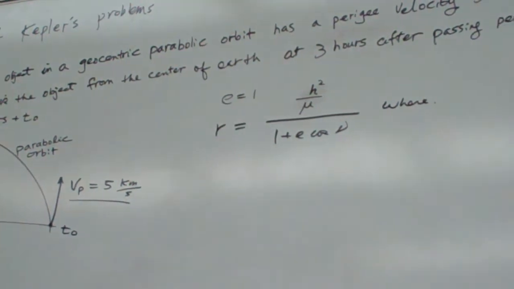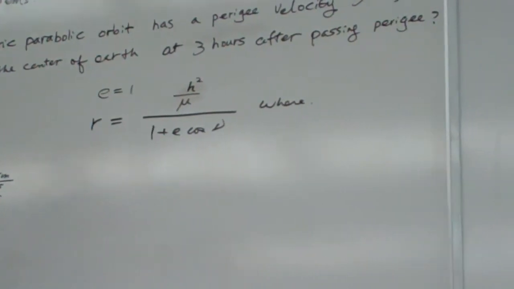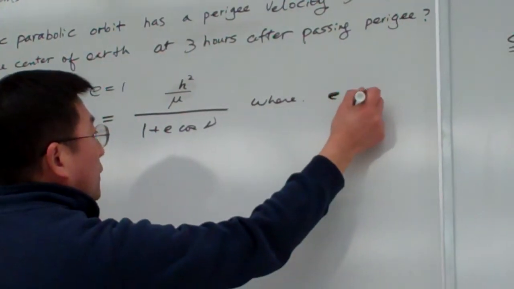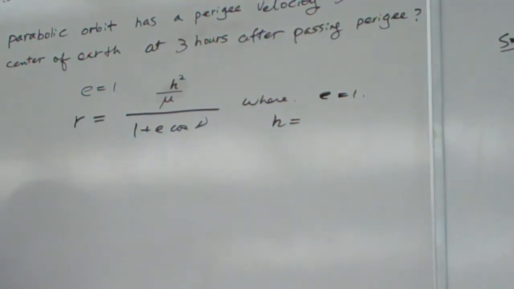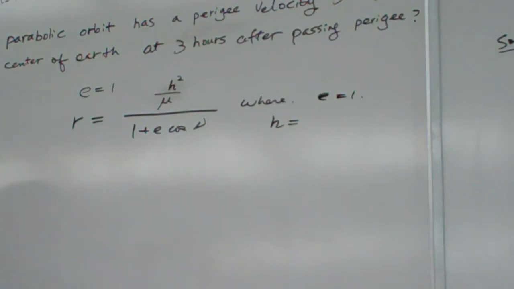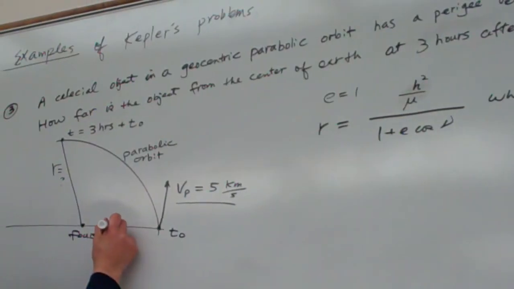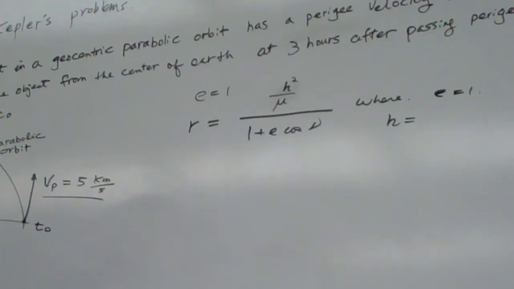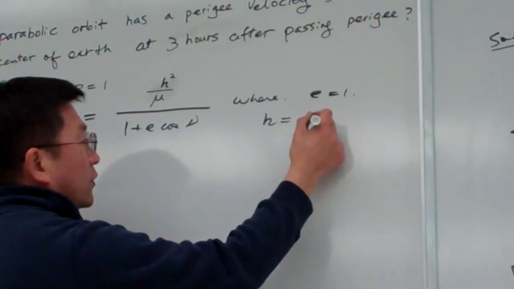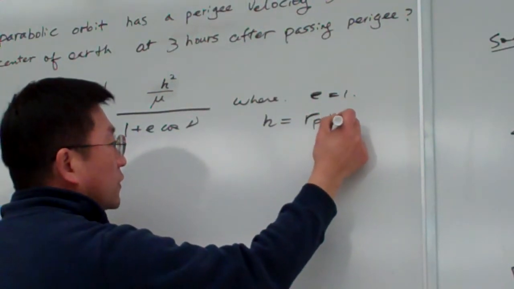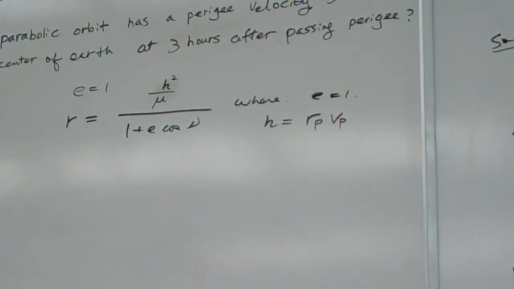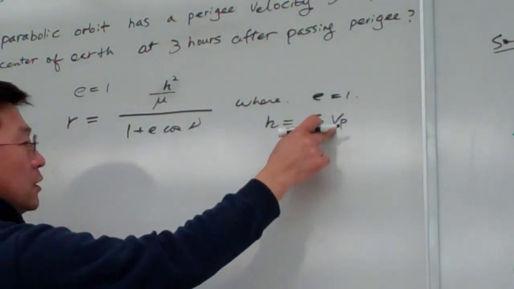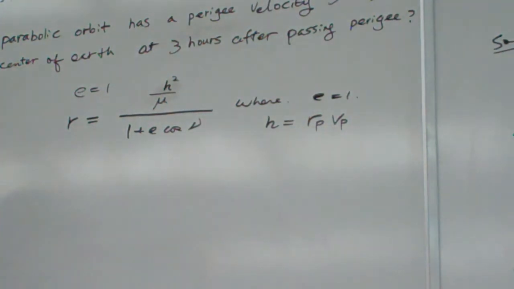We think about what things we can utilize. We know e equals 1, and h is the magnitude of the angular momentum. If this is r_p, then the angular momentum at perigee is simply r_p times v_p. Good, at least we can relate to one of the given pieces, v_p.